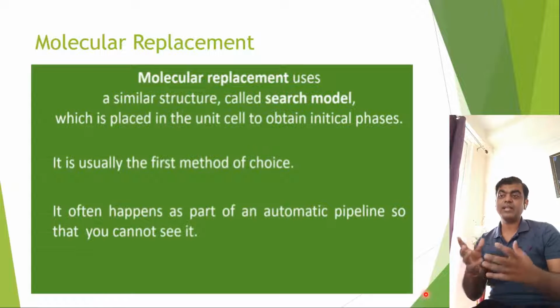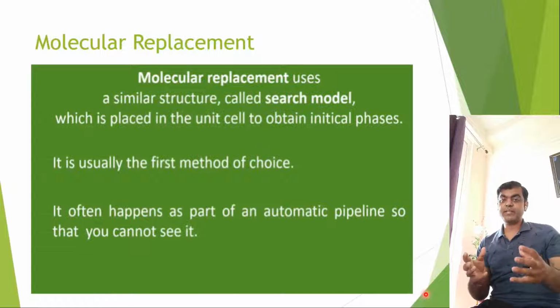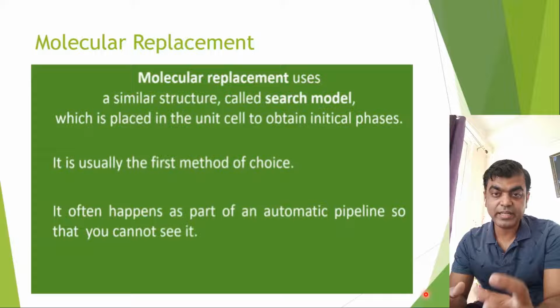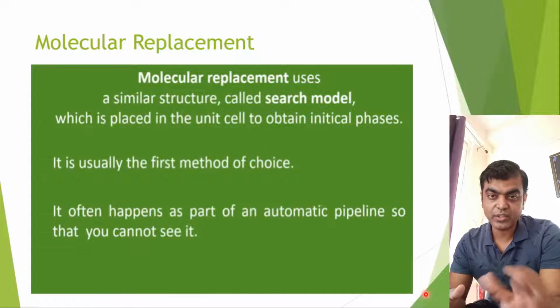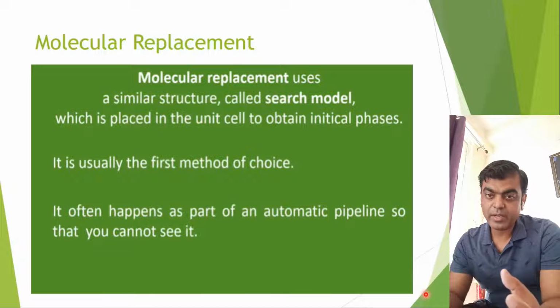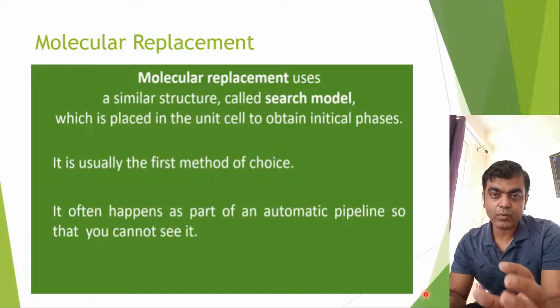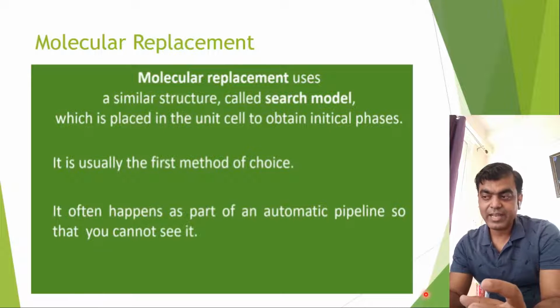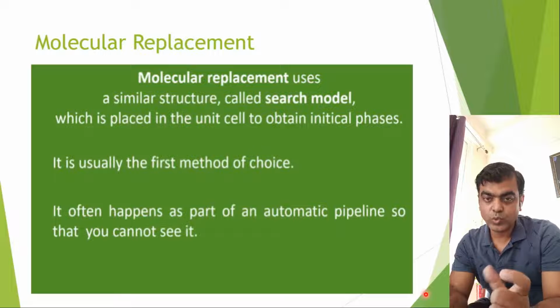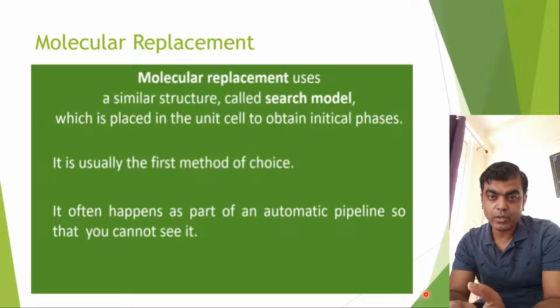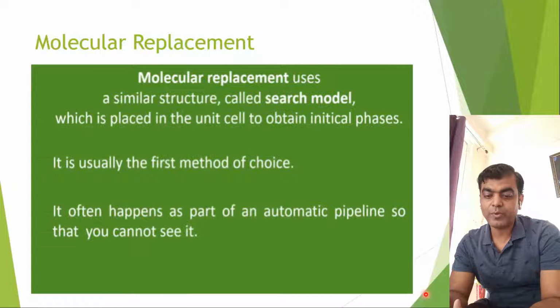So the idea of molecular replacement is, you have got the initial structure from the library, using the software you find a similar structure, take that structure, take the unit cell, try to fit it in your model and try to obtain the initial phase information, right?